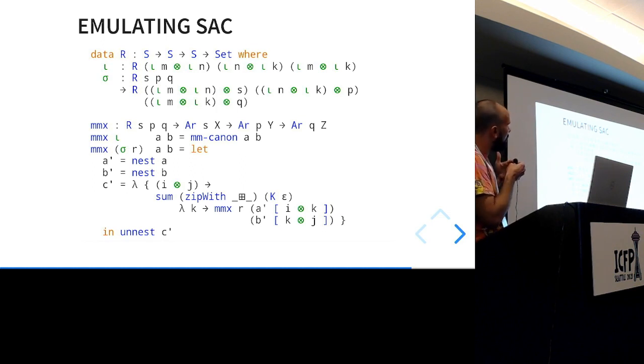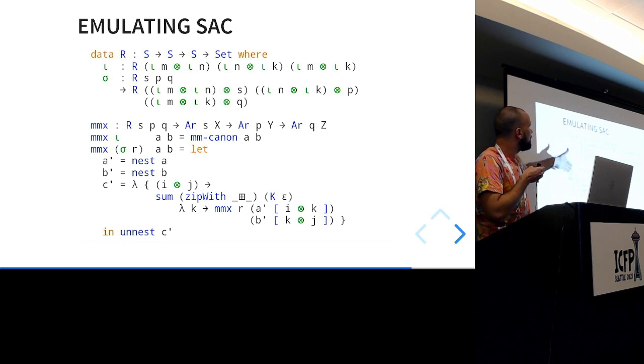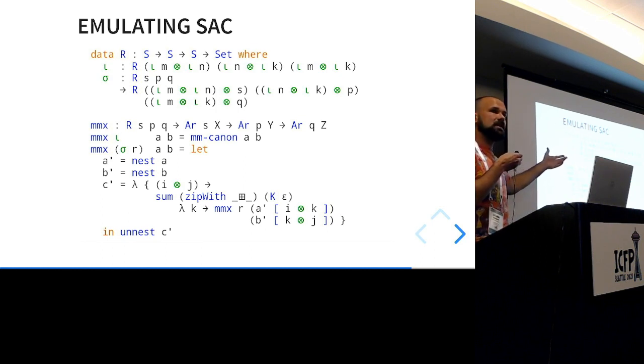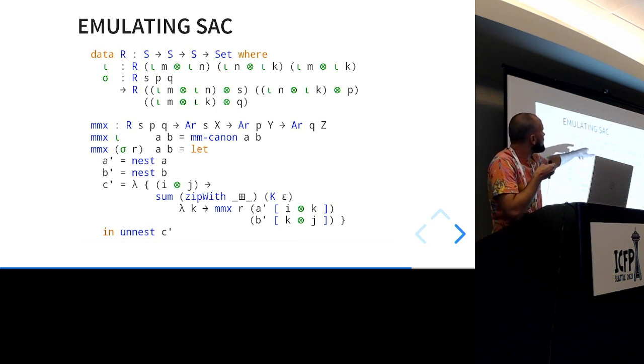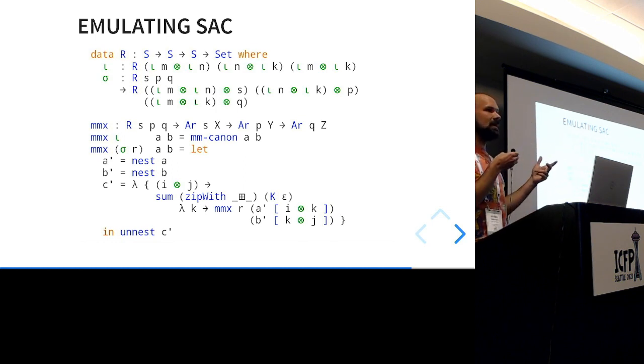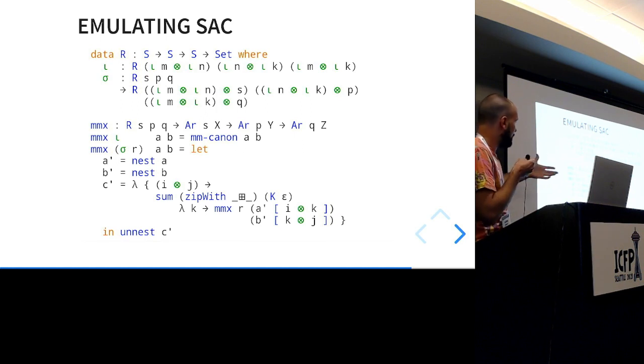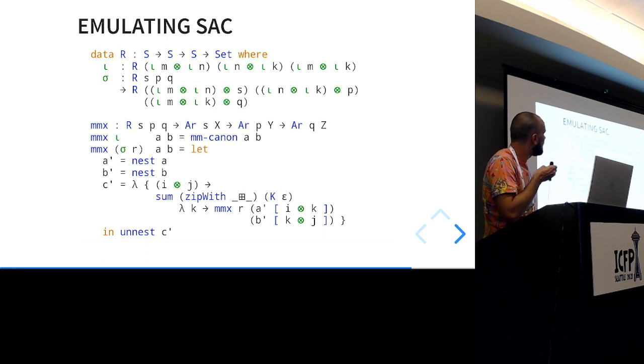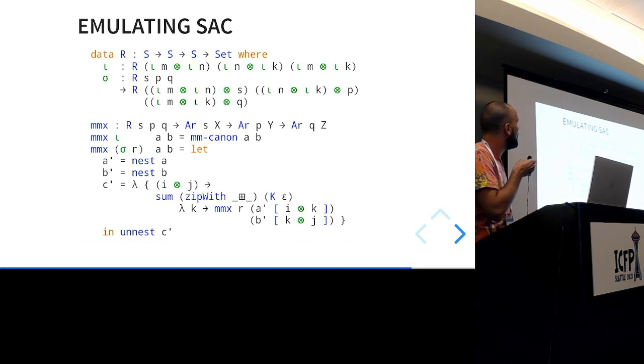And therefore, if we want to emulate what happens in SAC in this system, we have to make sure that the shapes that these matrices have adhere to a certain property, which means that the tree is kind of left-nested or right-nested, and preserves the necessary relation that the matrix multiply has.